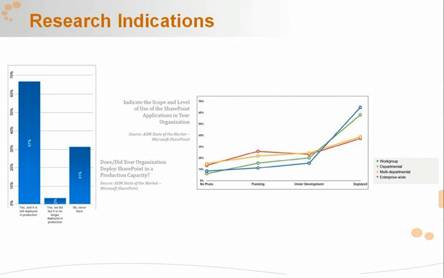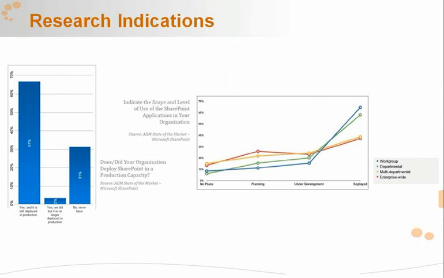So this is a small research stat which we have gathered, and you can see that 67% of users say yes, it is still deployed in production. We did this filtration of the statistics on the basis of whether SharePoint is procured in the organization, whether people are using it, and if yes, in what different areas.